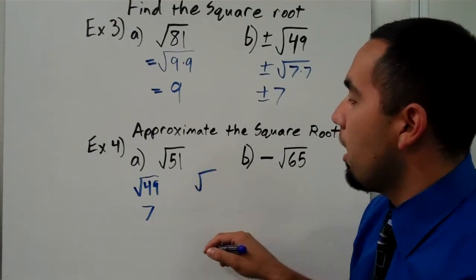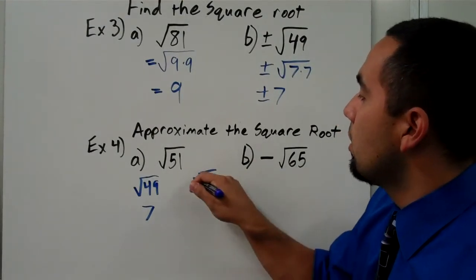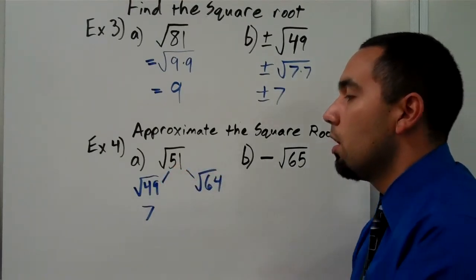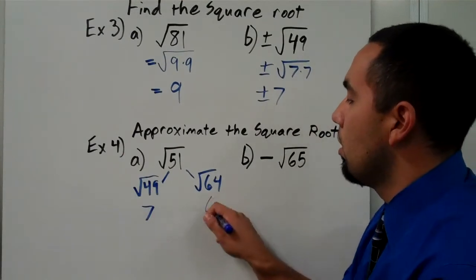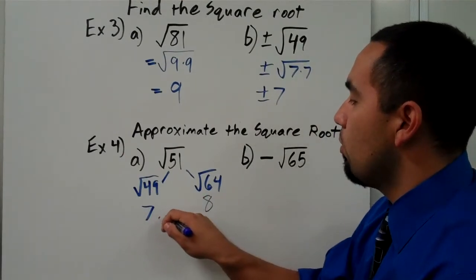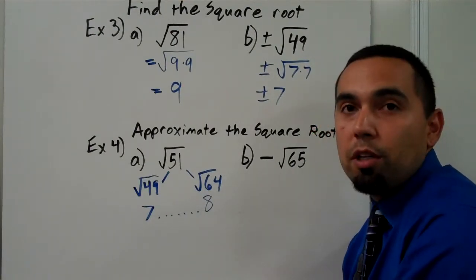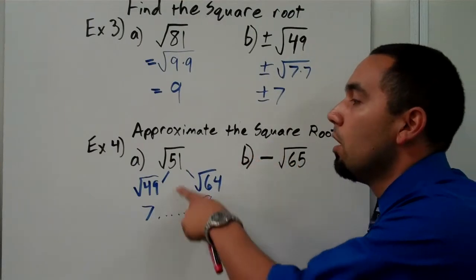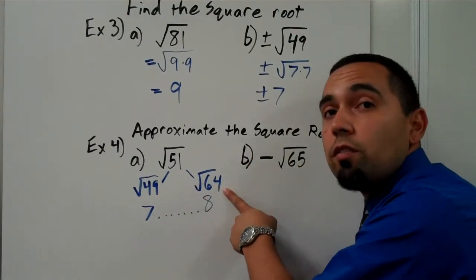Well, 8 times 8 is 64. So since 51 is between these two numbers, I know that the answer has to lie somewhere between these numbers, okay? Which one is it going to be closer to? And that's how I'm going to approximate my square root. Well, 51 is a lot closer to 49 than it is to 64.